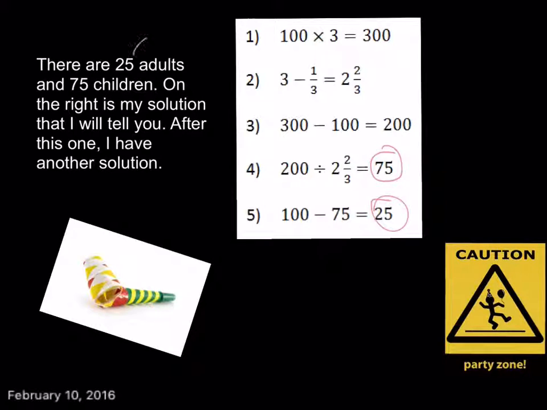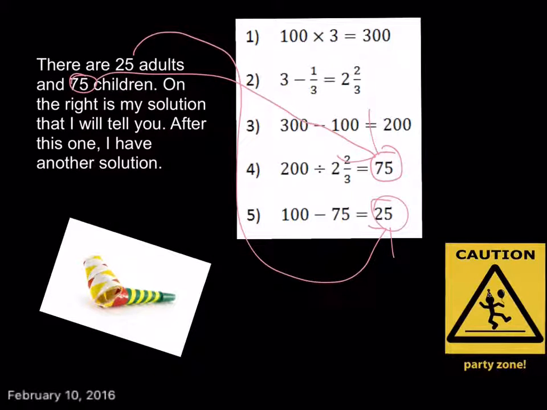And these match up. So my solution is correct. First one uses fractions, while the second one uses regular numbers and whole numbers.